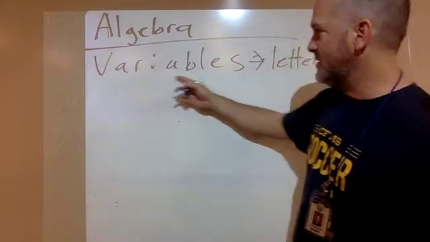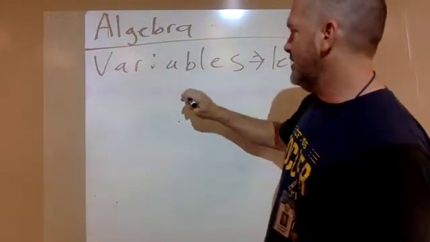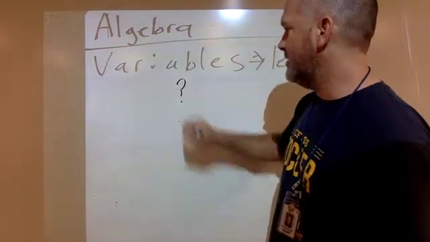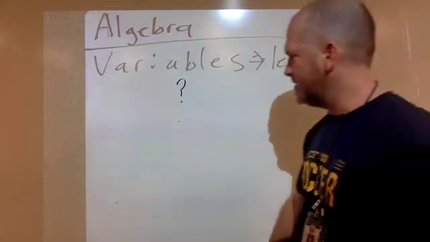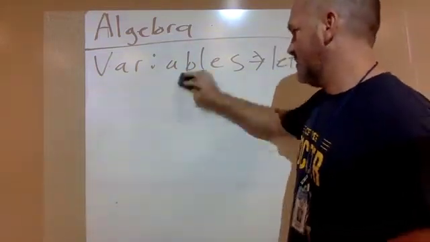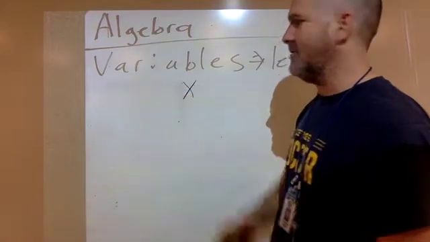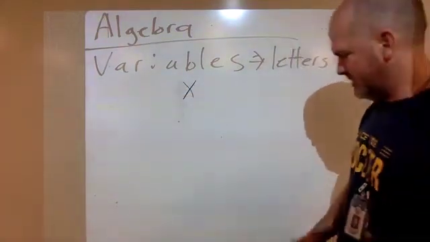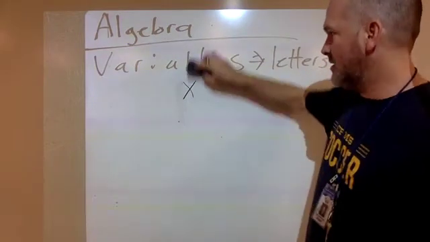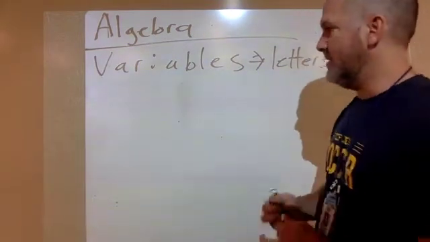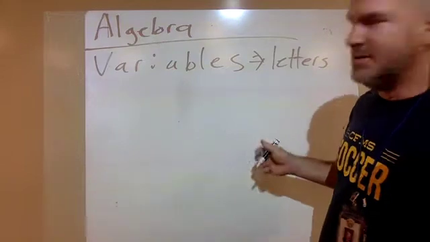So a variable is basically like a mystery, it's a question mark. What is that number? But instead of using question marks, they use letters, and normally X is the most common letter. Well, yesterday we just started multiplying numbers together, and the X looks like the multiplication symbol.